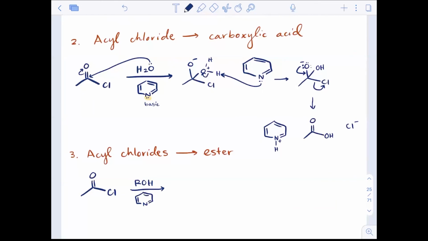Sometimes pyridine is abbreviated PYR under the reaction arrow. Just be aware that means pyridine, it means you're in a basic solution. Mechanism is the exact same. So take a minute to go over it or look at it in the textbook. Okay, same exact mechanism though. The only difference is instead of H2O and deprotonating the H2O, you're deprotonating the protonated alcohol.